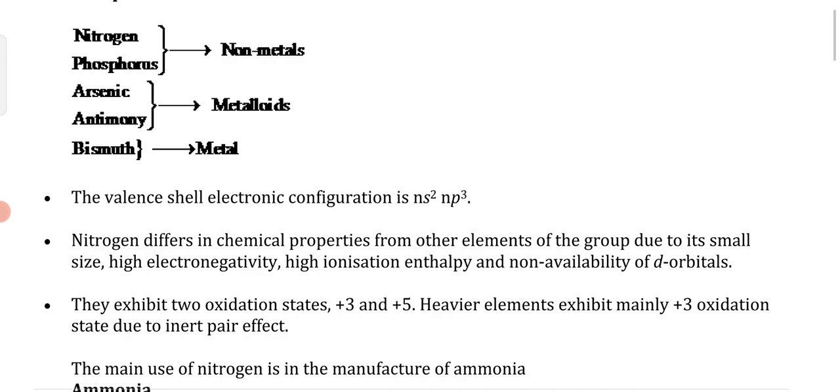And non-availability of d orbitals: nitrogen doesn't have any d orbitals, because d orbitals are present only when the principal quantum number starts from 3. But nitrogen has its valence shell electronic configuration 2s2 2p3, so it does not have any d orbital.